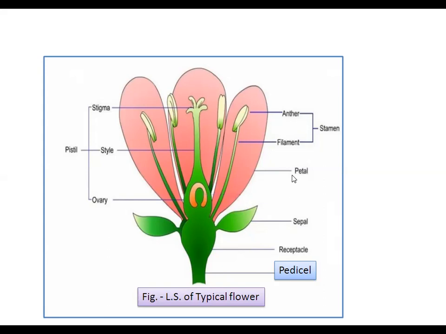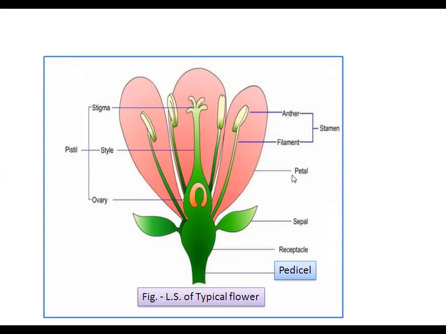They attract pollinating agents like insects, butterflies, or birds, which help in cross pollination. Petals are bright, attractive, and in some plants they also have a specific fragrance.